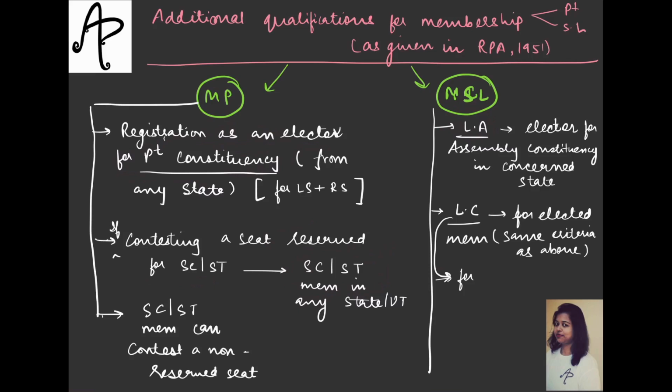But here, for nomination by governor, the person should be resident also. It should not be only about being an elector, but also resident in the concerned state. वो वहाँ निवासी होने चाहिए.